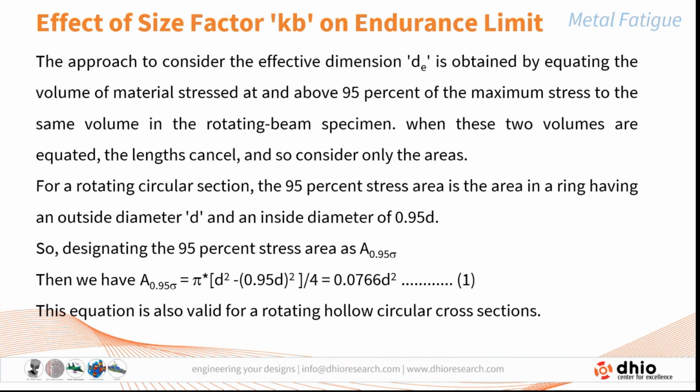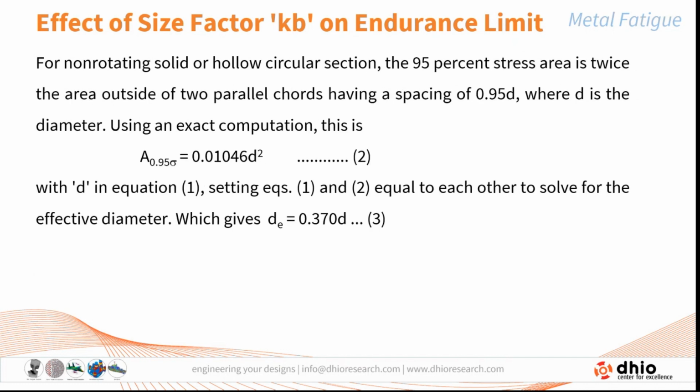Now, you are going to equate this to the equivalent area for another kind of specimen, which is not of circular shape, or not rotating, or not bending. So, for a non-rotating solid circular cross section, the 95% stress area is twice the area outside of the two parallel chords having a spacing of 0.95 D, where D is the diameter.